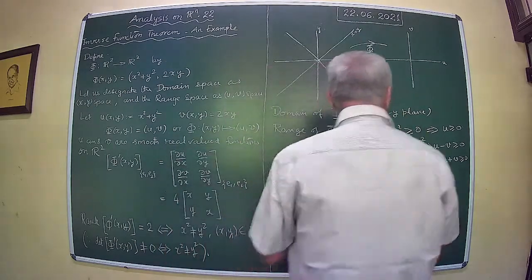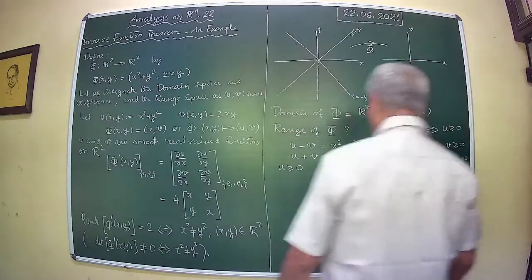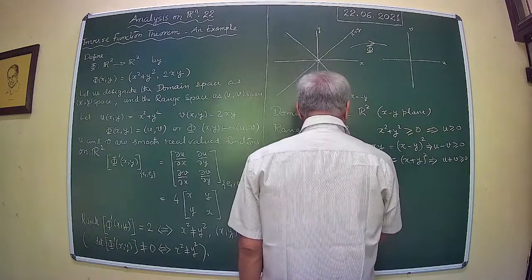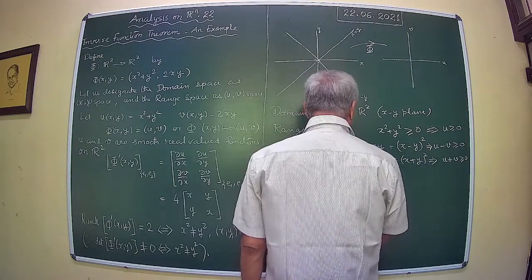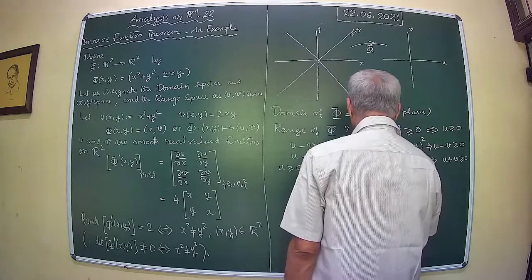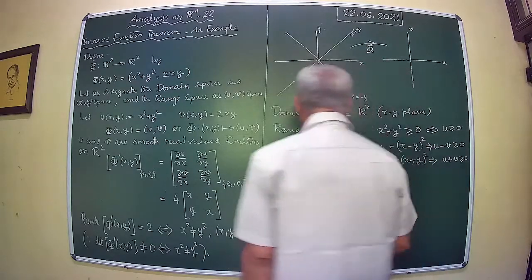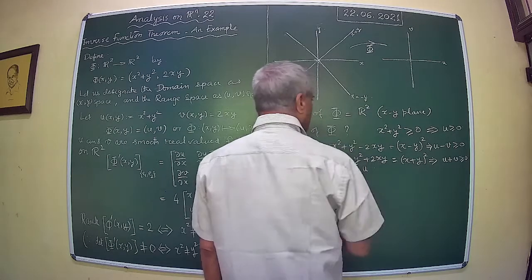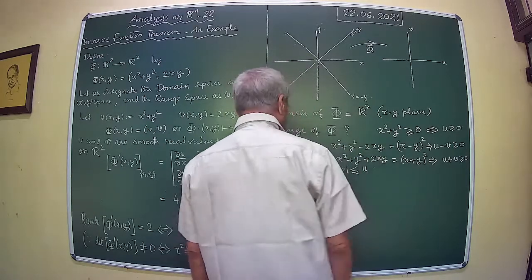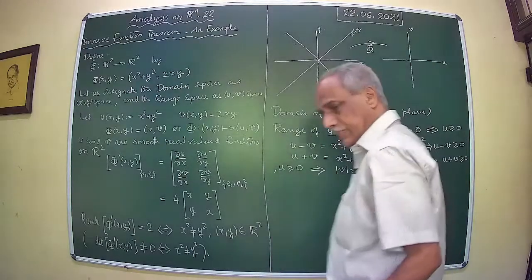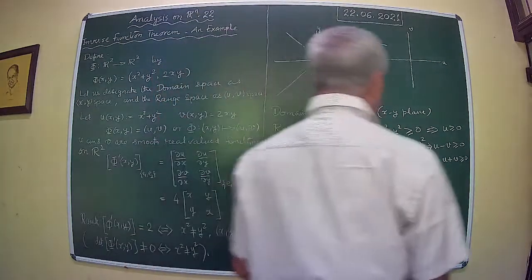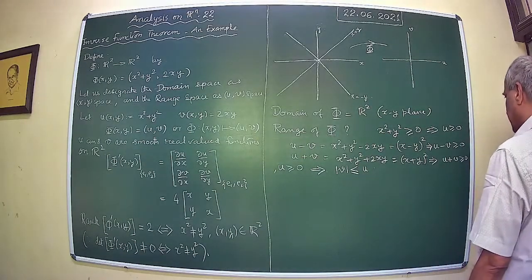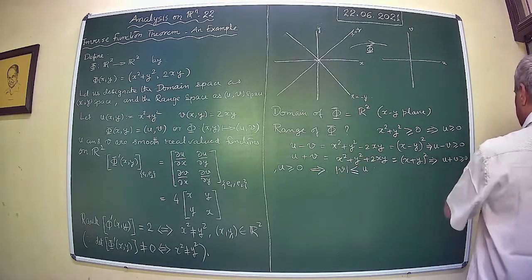Together with these results, it implies that mod v is less than or equal to u, or I can write it more specifically, that is u is greater than or equal to v. Now let us take v positive, then u is greater than or equal to v.